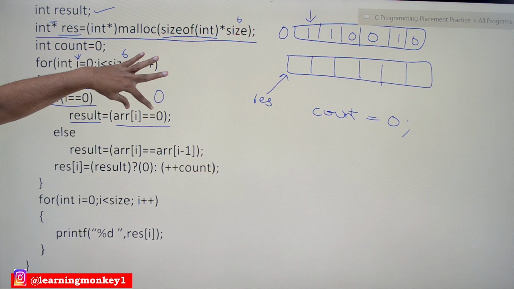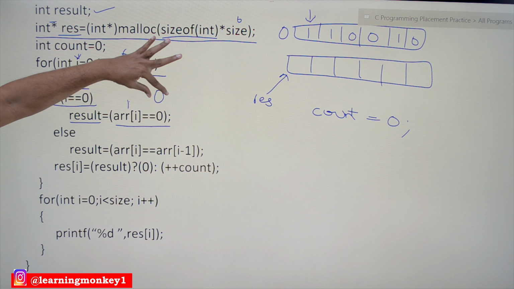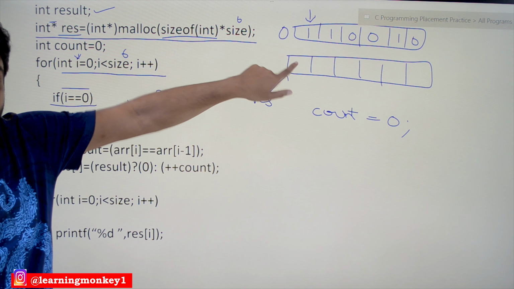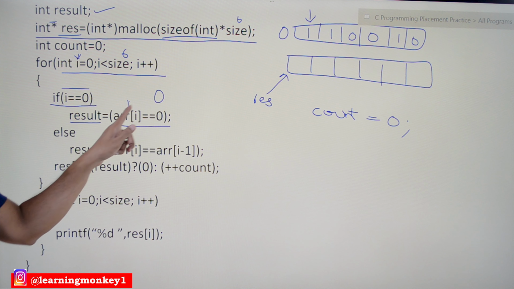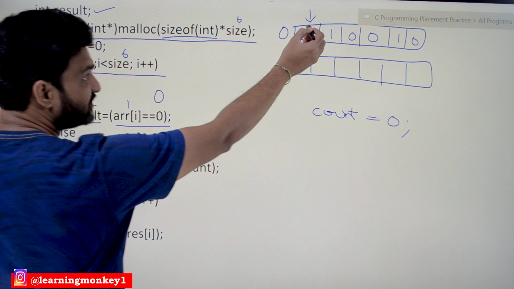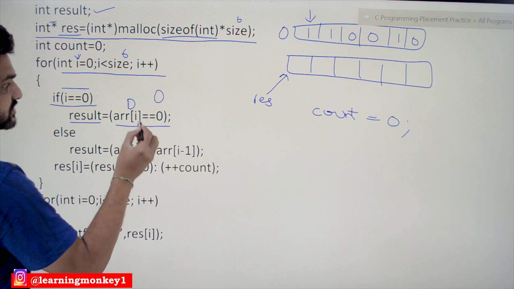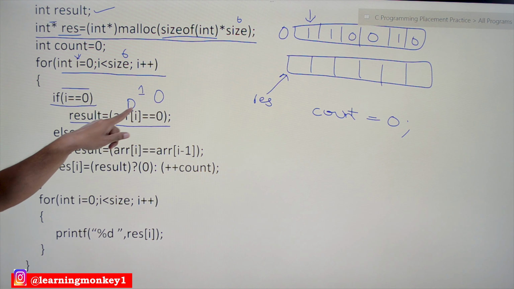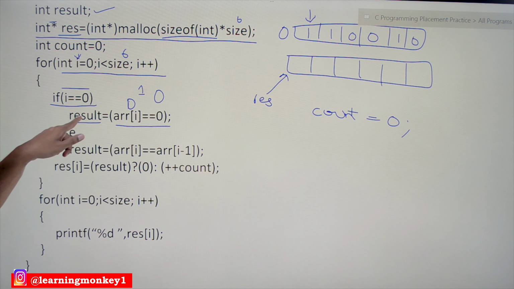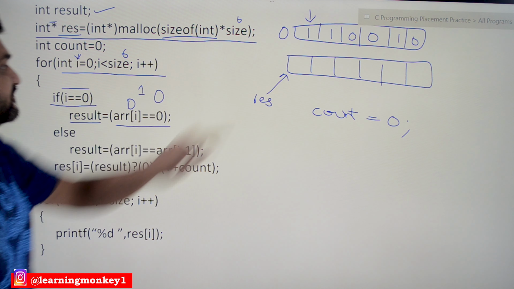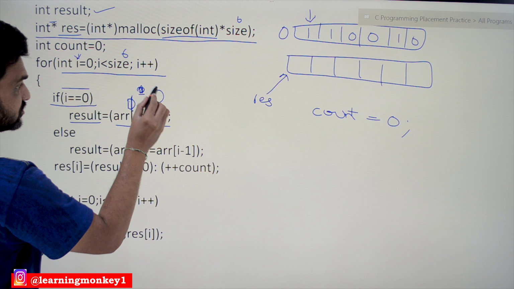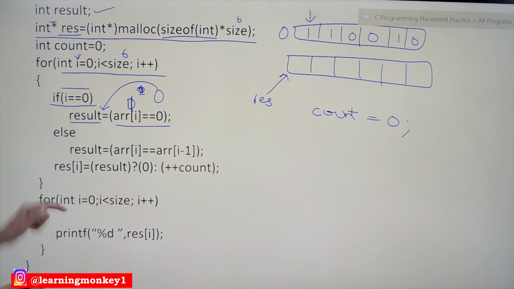If they are different, then 0 has to be filled in this place. Think of that logic. For example, if here we have 0, then 0 is equal to 0, so the output is going to be 1, and that 1 is stored in the result. Here, they are different, so the output is going to be 0, and the result is stored with 0 at this point.